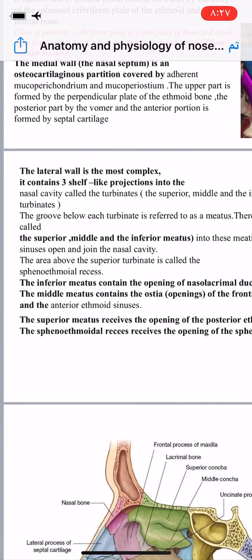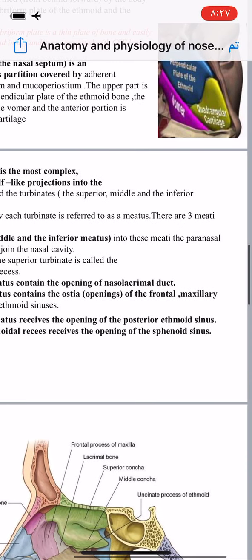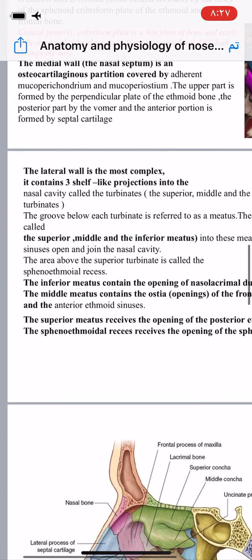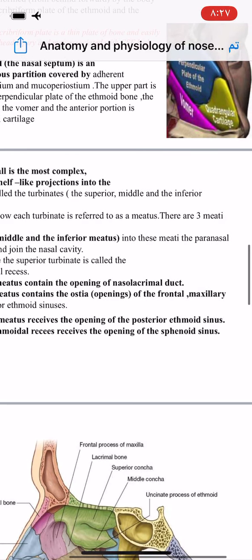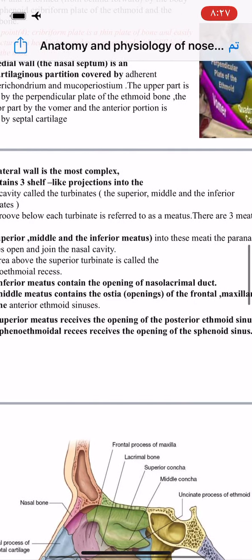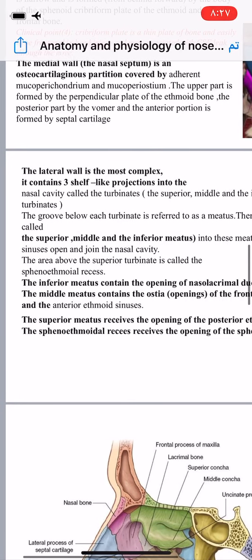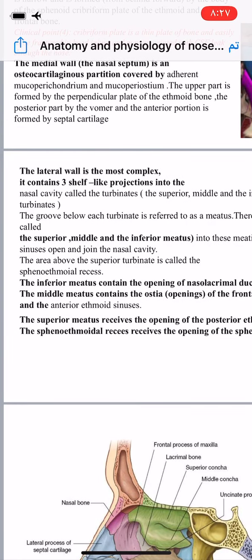The groove below each turbinate is referred to as a meatus, and there are three meati, called superior, middle, and inferior meati. Into those meati, the paranasal sinuses open and join the nasal cavity.